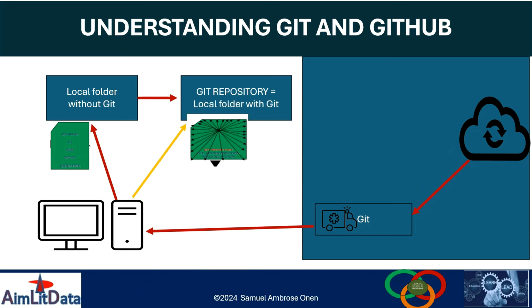So if you want to do anything with Git, you must create a Git repository by opening one of the folders and using the git init command to initialize Git on that specific folder to make it a Git repository. Now, once you have a Git repository, you can do anything with Git.